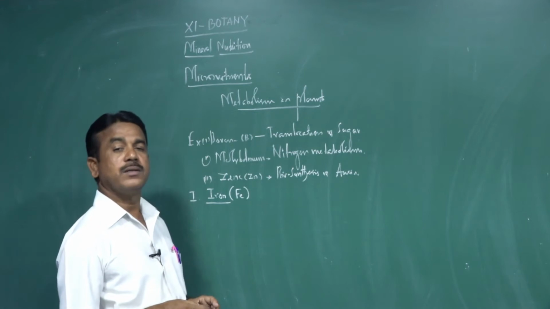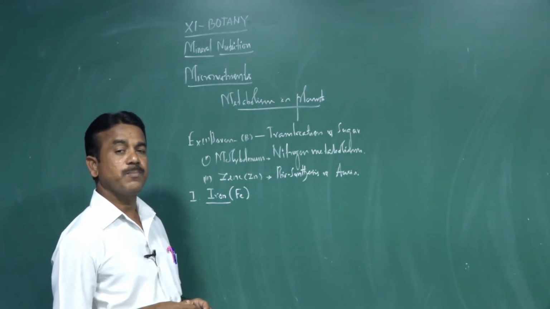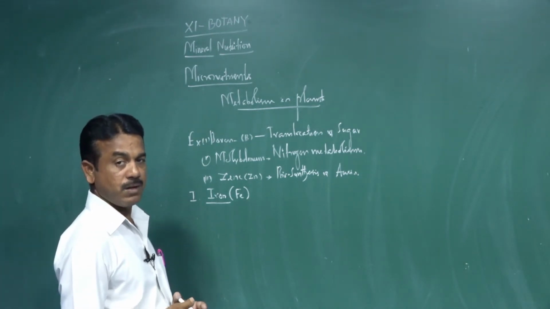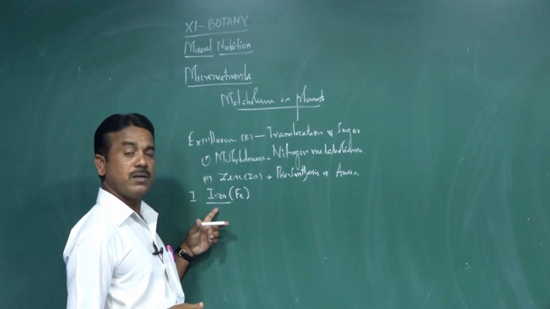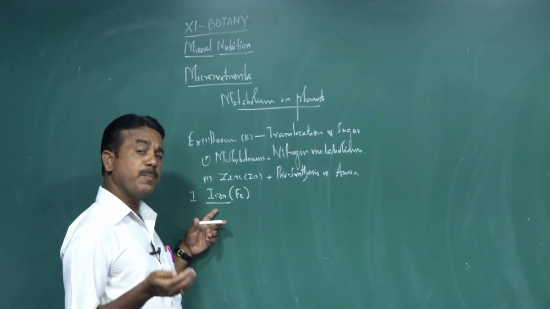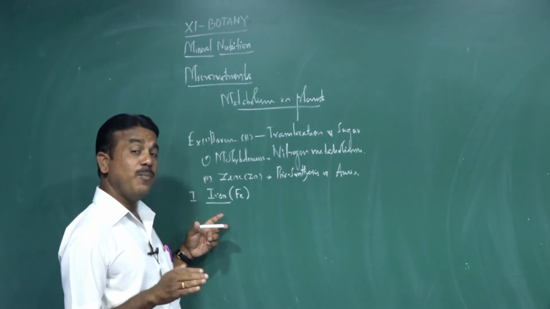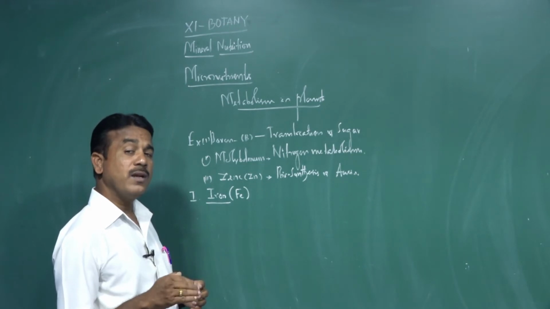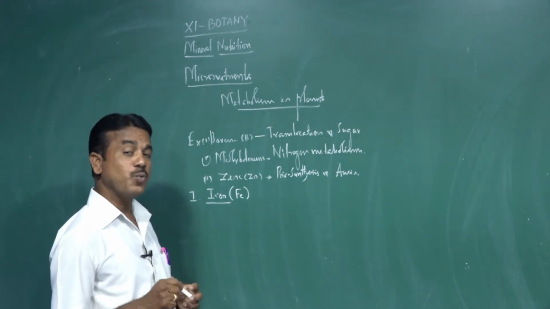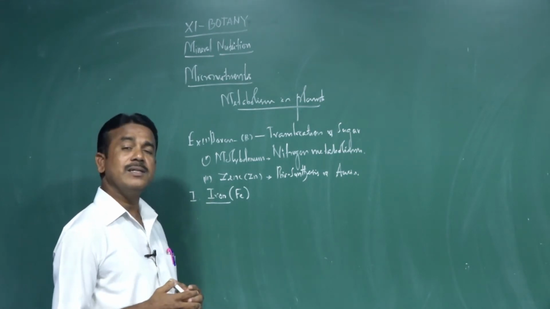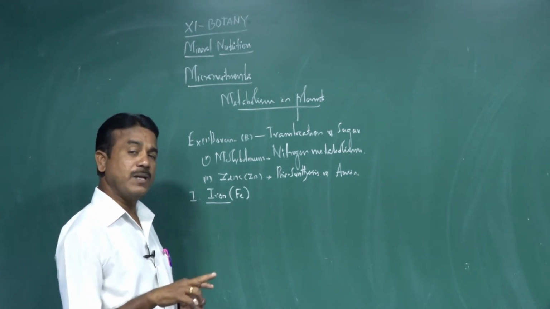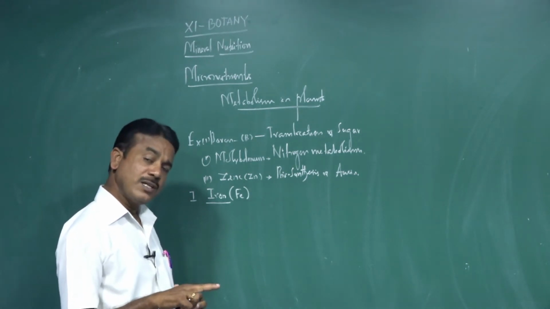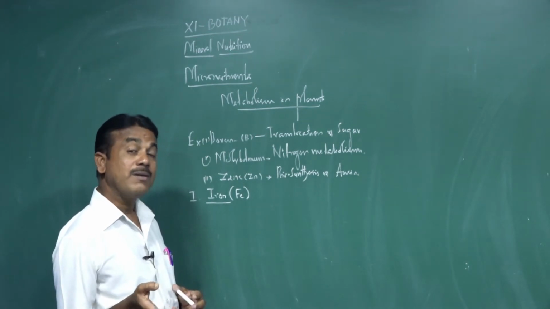So iron is required by plants in different concentrations. For example, iron is required by plants in lesser amounts than macronutrients, in larger amounts than other micronutrients. That's why iron could be kept among macronutrients as well as micronutrients because of the requirements.